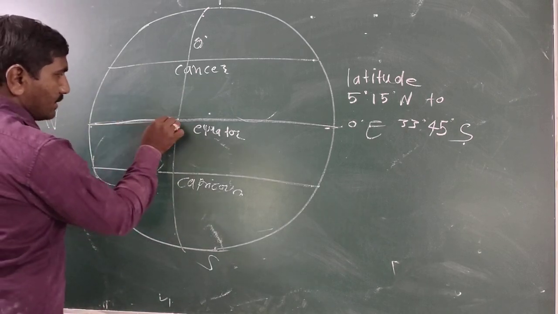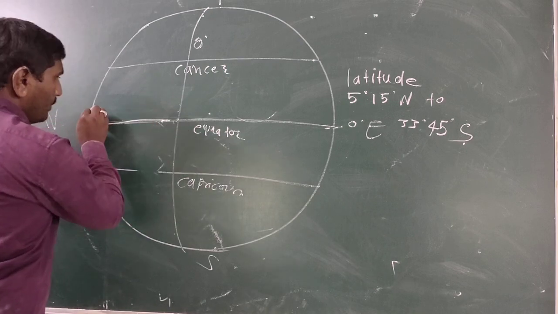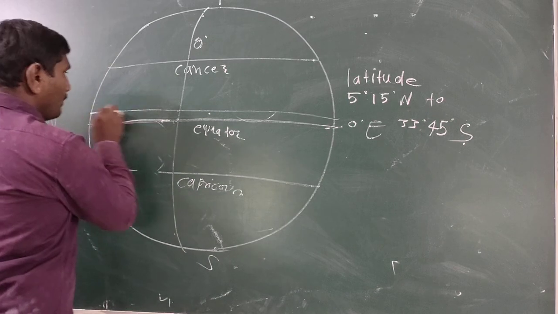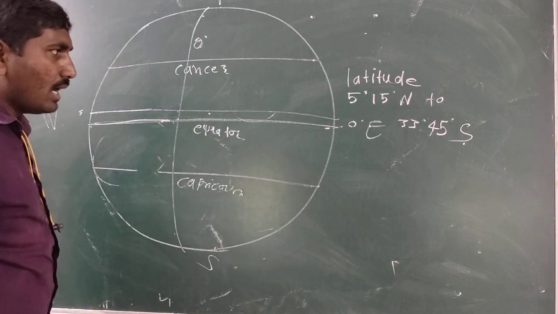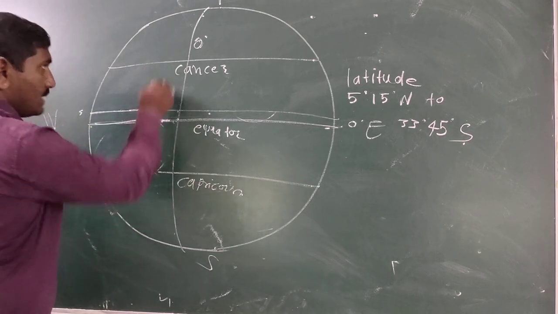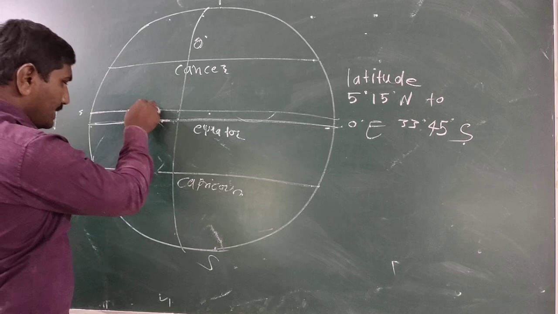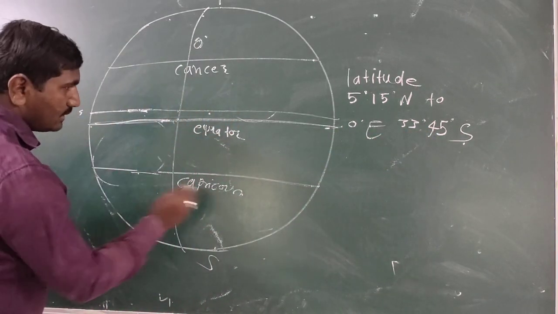This is the equator. So from the equator upside, 5 degrees. Consider this is the latitude of 5 degrees. From 5 degrees it will start, meaning this is the northern hemisphere. From here it will extend downside, toward the southern side, up to 33 degrees.